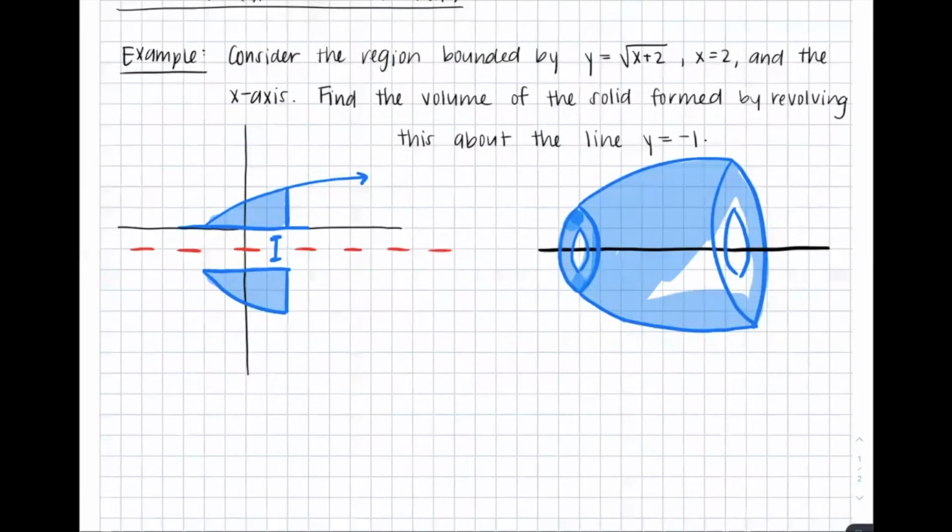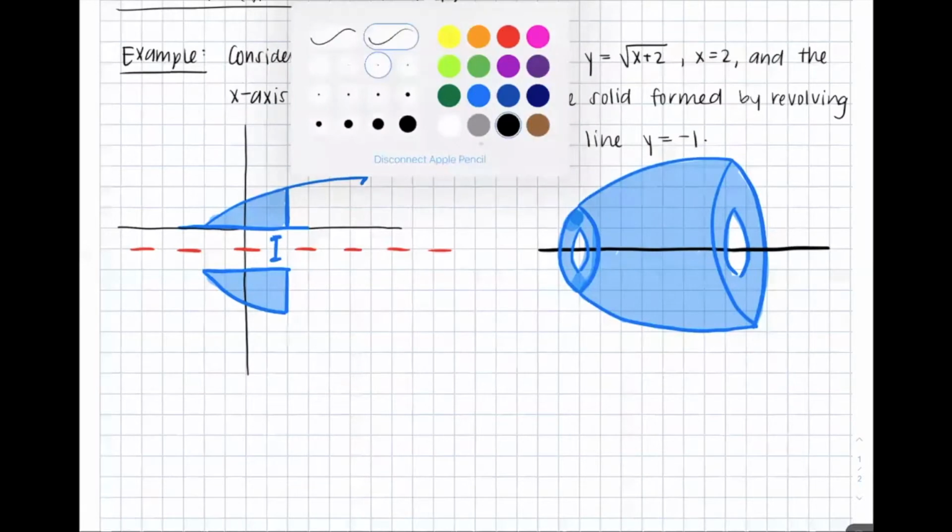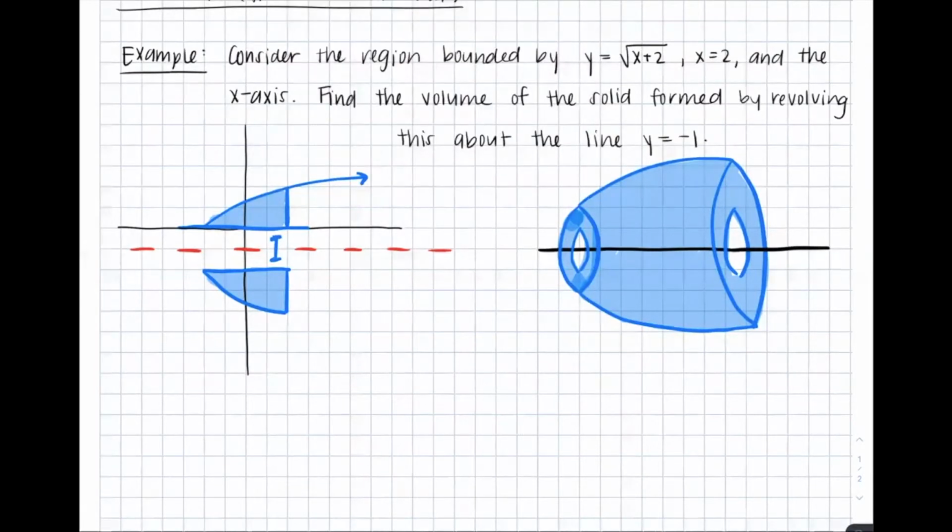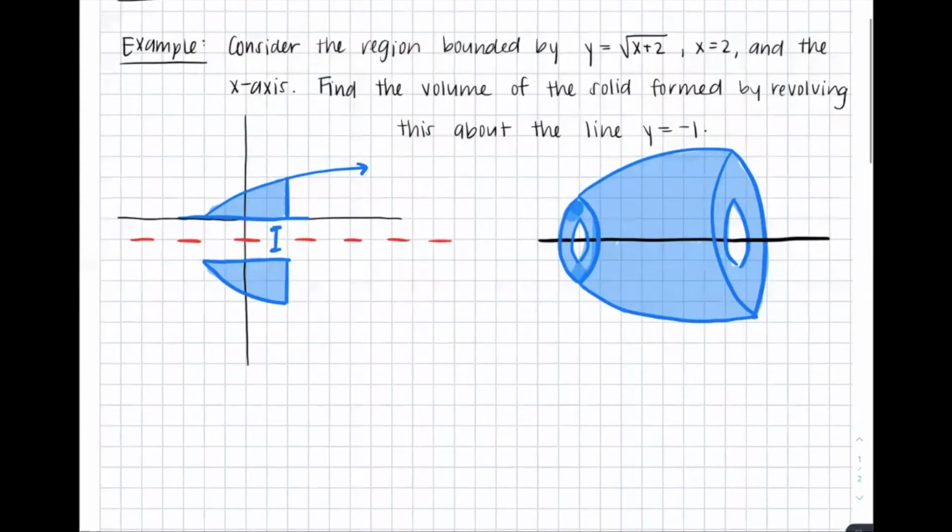So yeah, let's draw what the cross section is gonna look like. Which way am I gonna take my cross sections? Horizontally or vertically? Yeah, it's gonna be vertically, right? Because our axis of revolution, that's what it's called, is horizontal, right? So I'm gonna take my cross sections perpendicular to that.